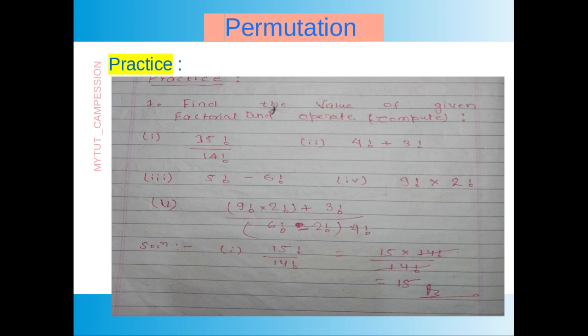So we can cancel all the terms up to 14. We have remaining only 15. So 15 factorial divided by 14 factorial is equal to 15.